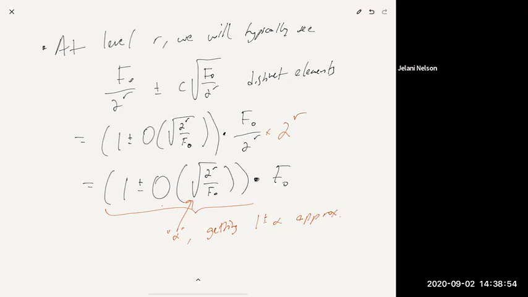You have to be a little bit careful in your analysis though, because this is a randomized algorithm. What's the source of the randomness? The source of the randomness is H, right?